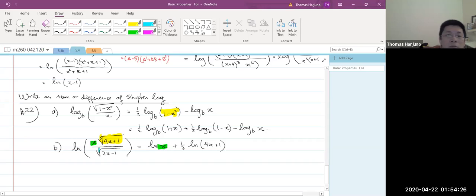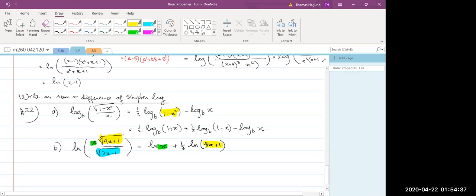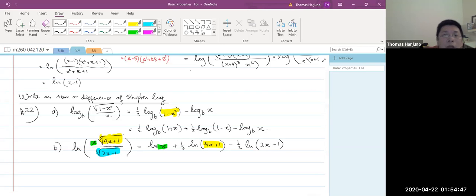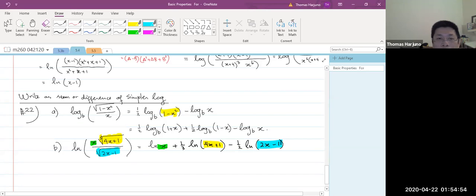Then this guy here, minus 1/2 natural log of 2x minus 1. Good. If you don't see that pattern, just doing this one problem will take you an extra 1 or 2 minutes, which I don't think is necessary.